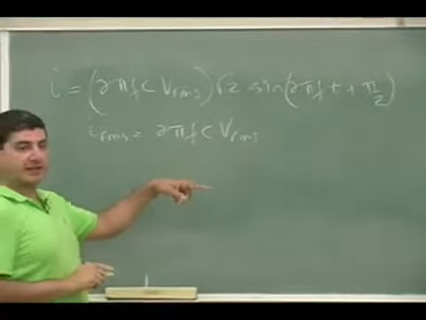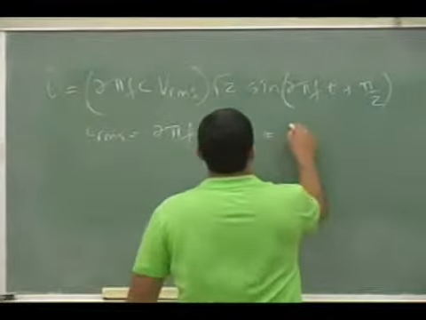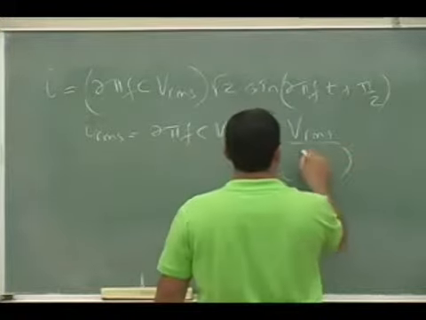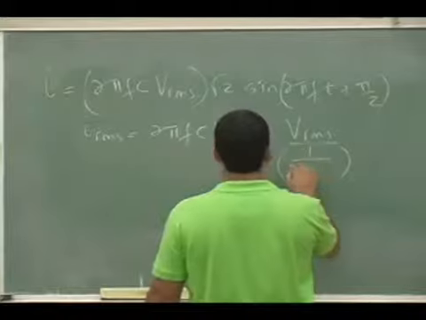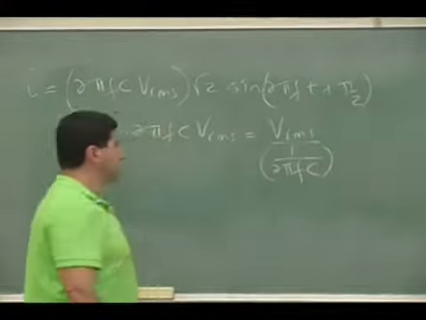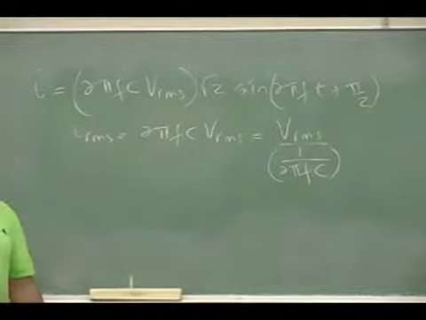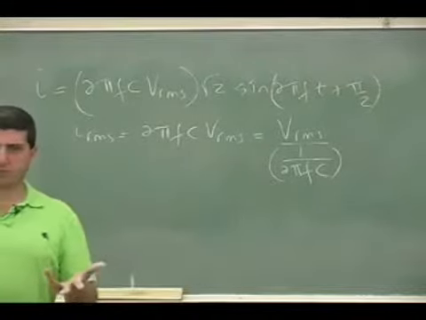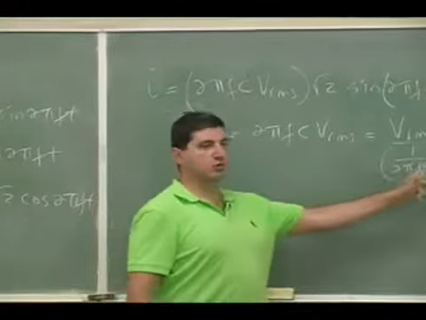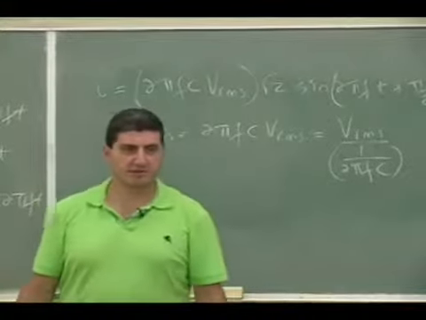Or I can rewrite it like this. I can rewrite it as V root mean square divided by quantity 1 divided by 2 pi fC. Okay, now why do I go through the trouble of rewriting this simple looking thing into this weird looking thing?